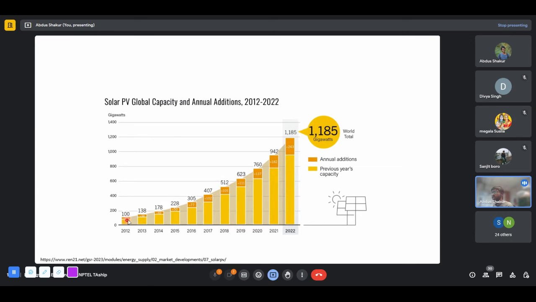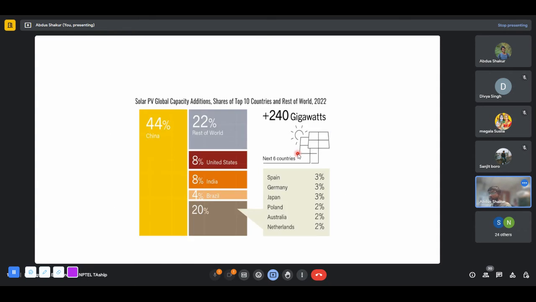So there has been a considerable increase in global capacity, and there is a considerable increase every year also in how much more electricity a country is generating using solar power or photovoltaic panels.